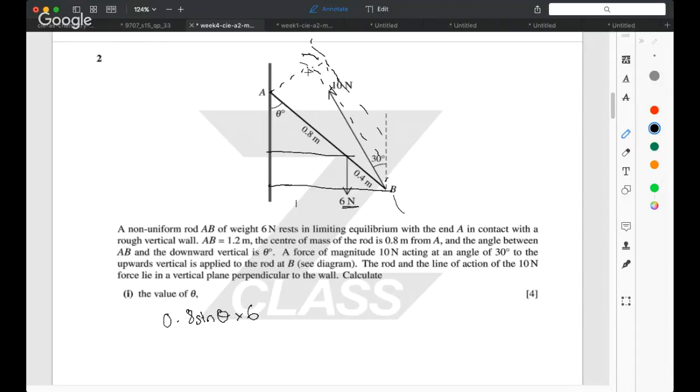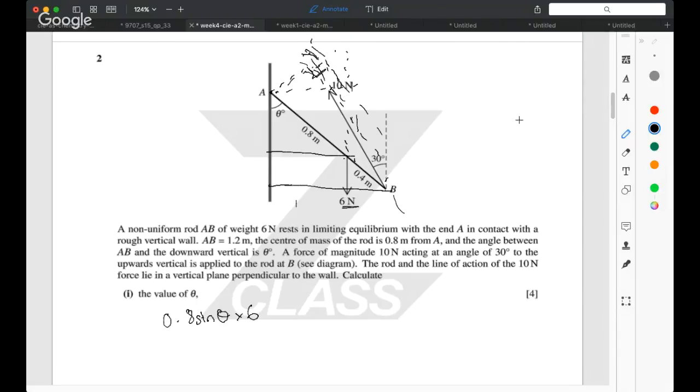It is this one. This is the distance between the force and the point. The same goes for that: you extend this line all the way up and down, and you find the perpendicular distance between A and this point. So this is how you find the distance.